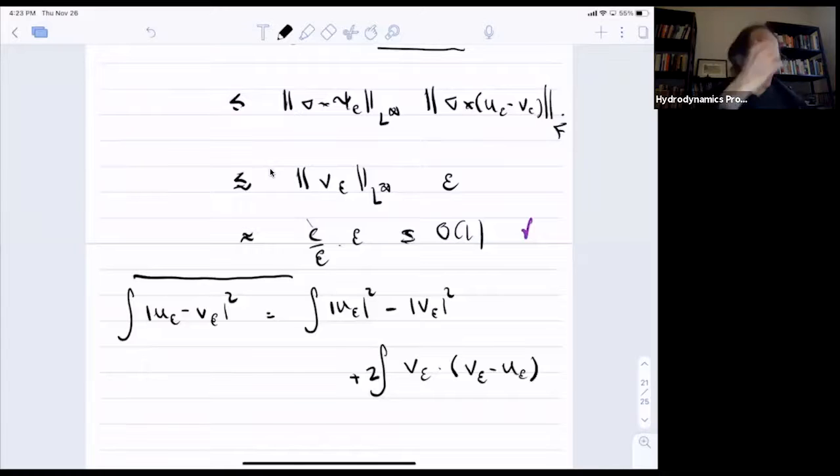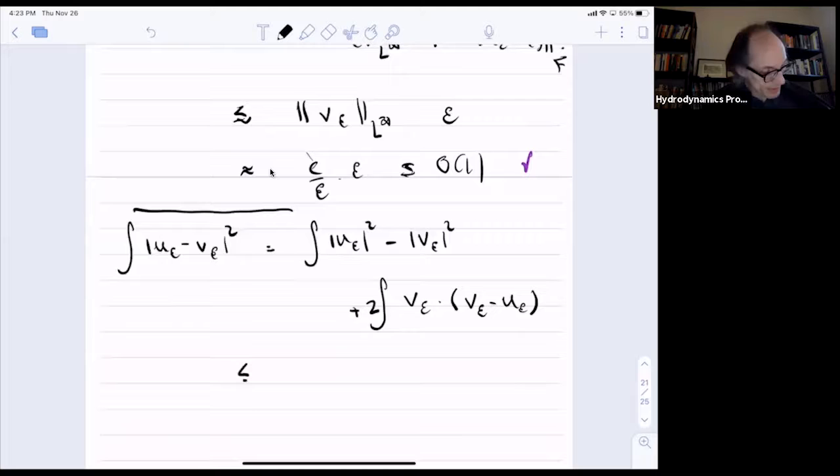Okay. And so on the left-hand side, I have u squared minus 2uv plus v squared. On the right-hand side, I have u squared. There's a minus 2uv here in the last term, and then there's a minus v squared plus 2v squared. Okay, equal.